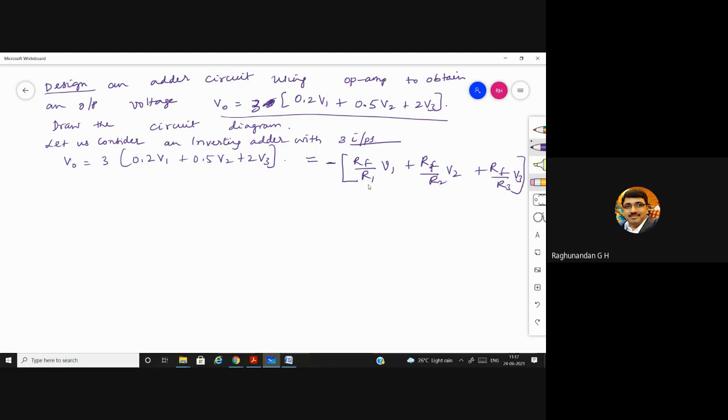From this, we understand that this inverting adder output should be passed to one more amplifier, which is going to nullify this negative sign. Nullify in the sense it is going to make it positive. So what kind of op amp I need to use such that this negative sign becomes positive?